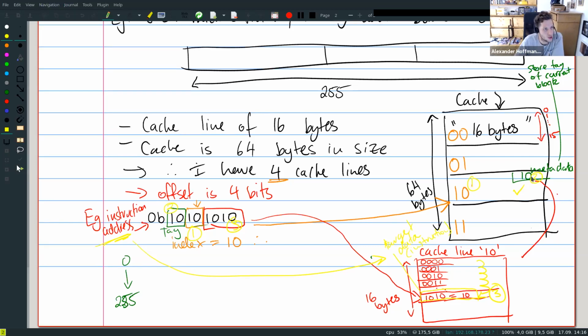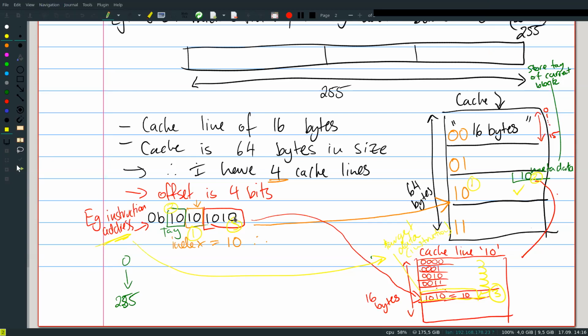Like we have these 2 extra bits on the cache line that save, okay, I have this block. We'll compare them. So if this metadata is the same as the tag on our address, then we've got a hit. We know that the cache data is what we want. If it's a miss, like I was talking about in the lectures, we have to go to memory and get whatever's at this address and put it into that cache line.